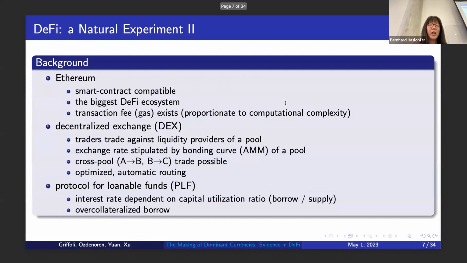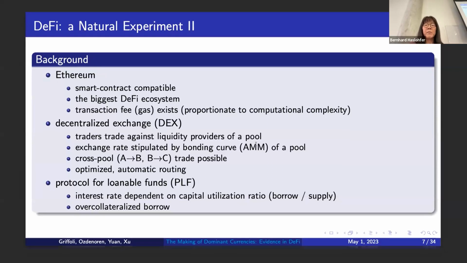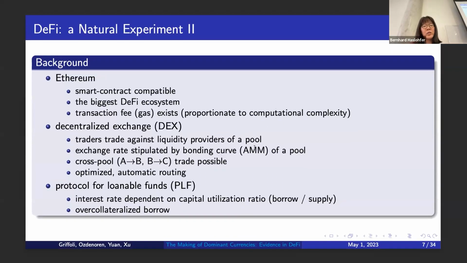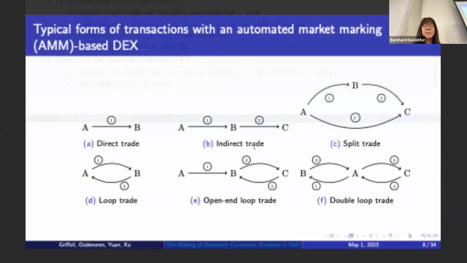So how do we conduct our analysis? We focus on Ethereum because it has the largest DeFi ecosystem, and we collect the exchange data from Uniswap, and also use the data from Aave and Compound, which are the protocols for loanable funds.